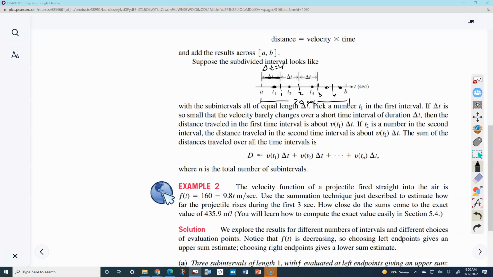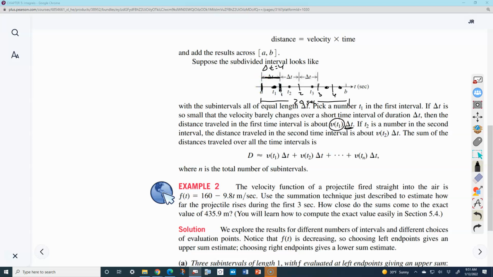If delta t is so small that the velocity barely changes over a short time interval of duration delta t, then the distance traveled in the first time interval is about the velocity at time 1 times the time that it went that velocity. So in this 4 seconds, I look down at my speedometer.